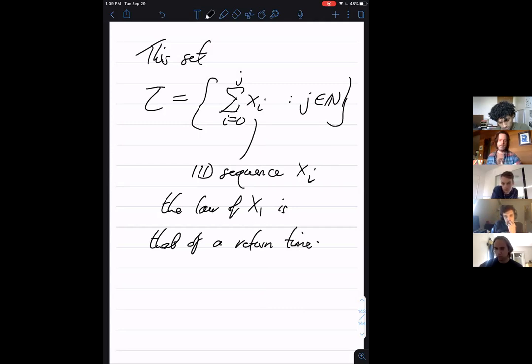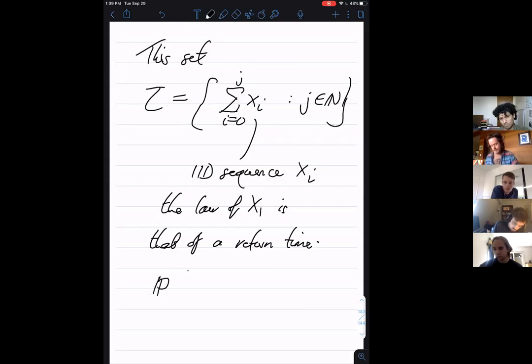If you start at 0 at a particular time 0, say, then what is the distribution of when I am next at 0? That is the law of x1 and of all of the x's in the sequence.